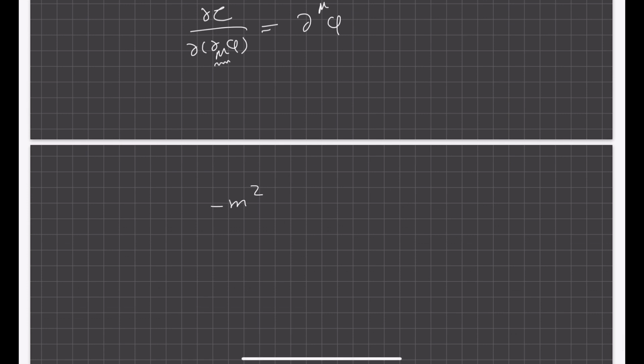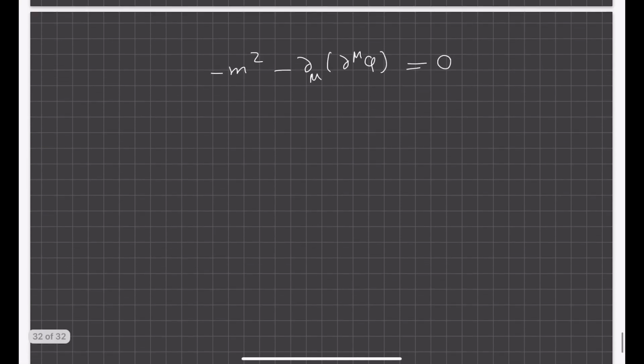Okay. So now the equation of motion turns out to be minus, equal to 0. And now if I take everything on one side, it would be, oh, there's a phi here, sorry, m squared phi is equal to 0.